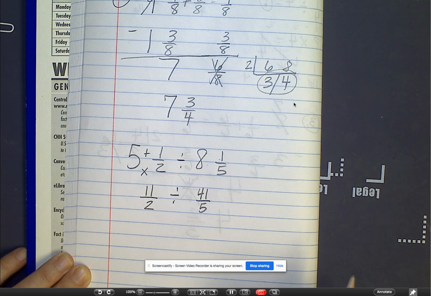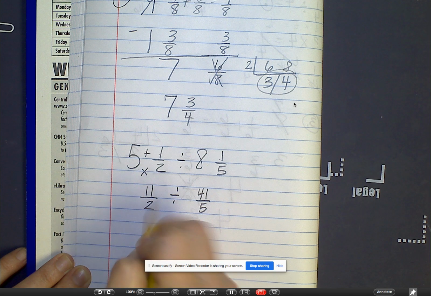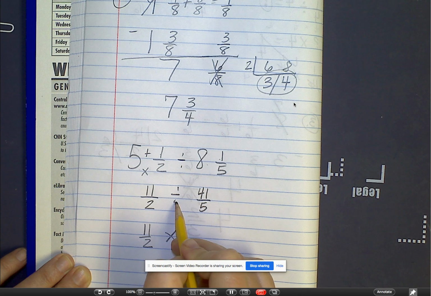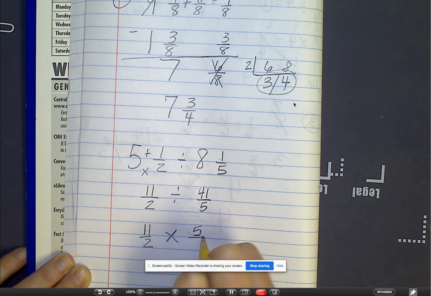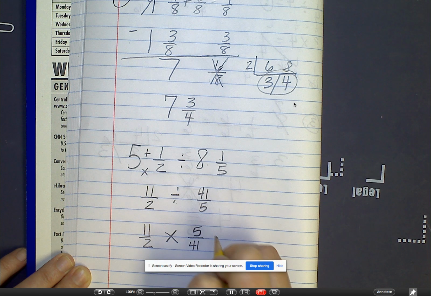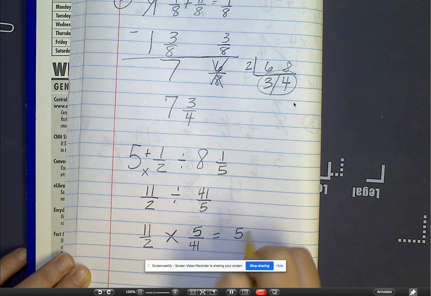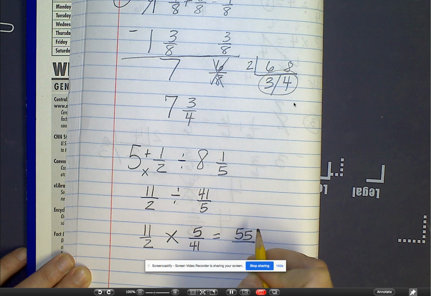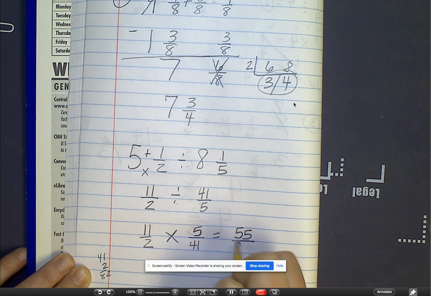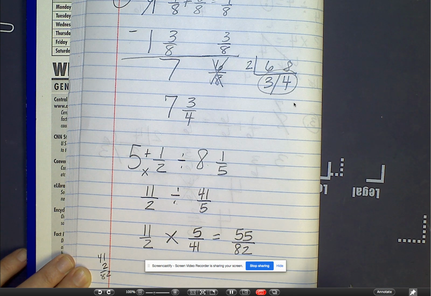Okay. Now I'm going to bring down, flip, flip. So I'm going to bring down 11 over 2. I'm going to flip the sign, and then I'm going to flip this, or take the reciprocal. So this becomes 55 over 41 times 2 is 82. Okay.